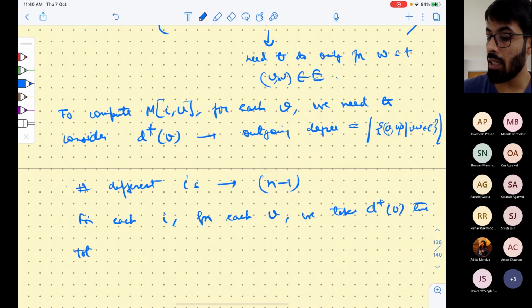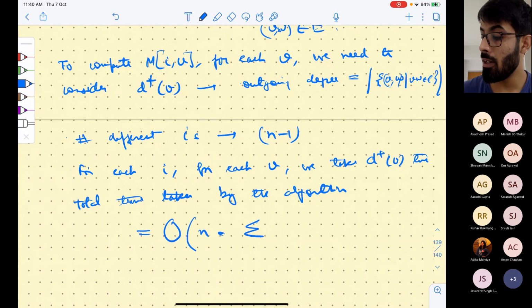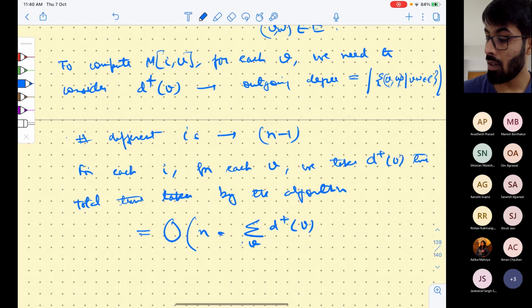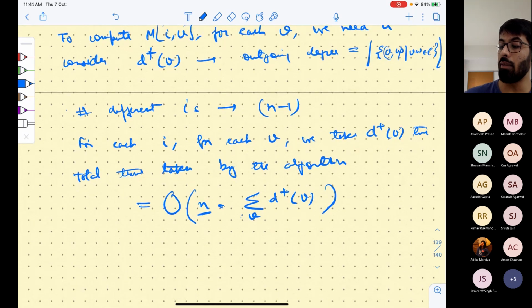So the total time taken by the algorithm now is order of n times the summation over all v of d plus of v. For each I, for each v we take this much time.